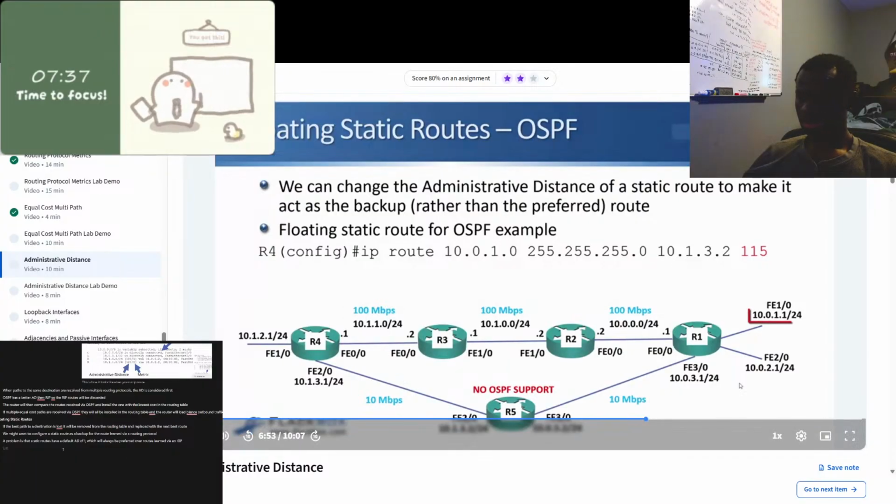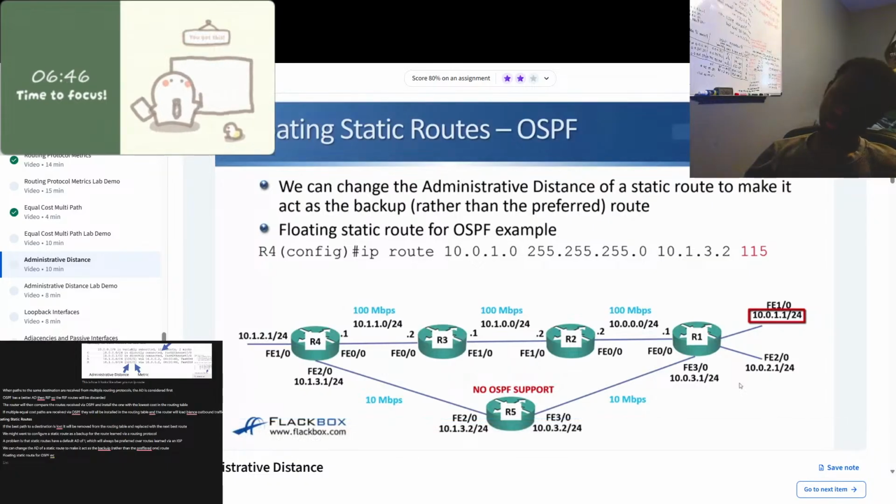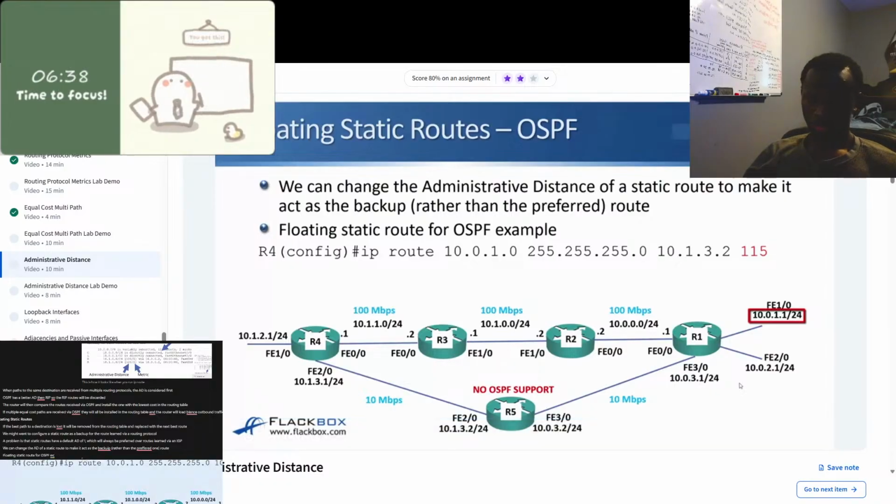When we do this, we change the administrative distance of a static route from the default of 1 to having a higher AD value, an AD value which is higher than the administrative distance of our routing protocol.